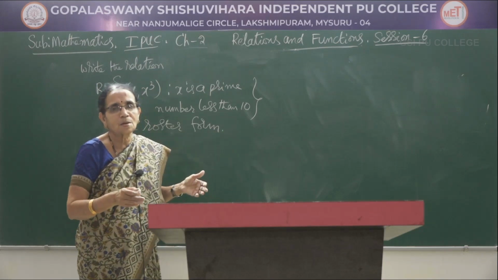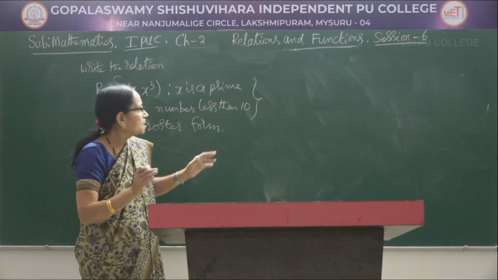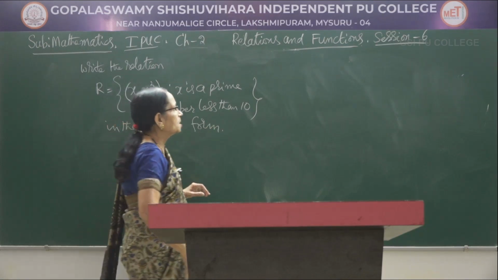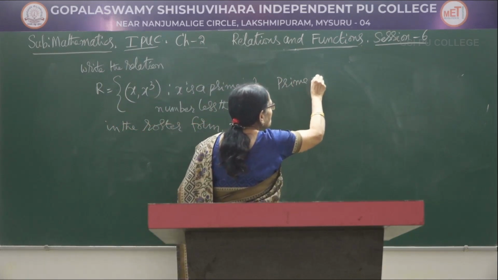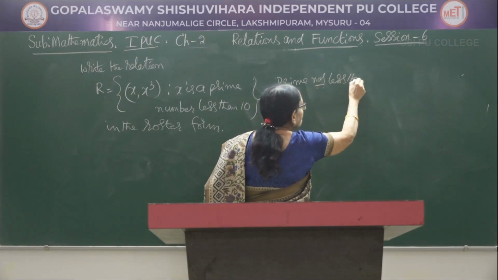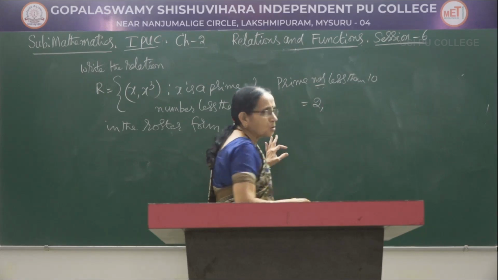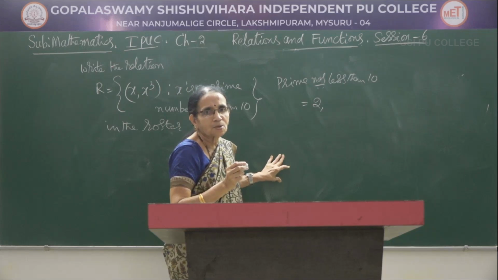If you simply say prime number, it is an infinite set. So, we are giving a restriction here. Prime numbers strictly less than 10: the first one is 2, the only even prime number, all the remaining prime numbers are odd.